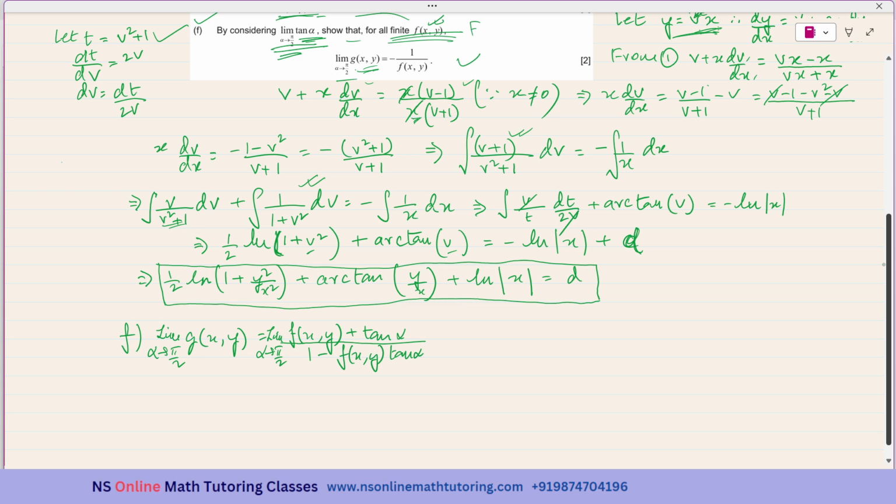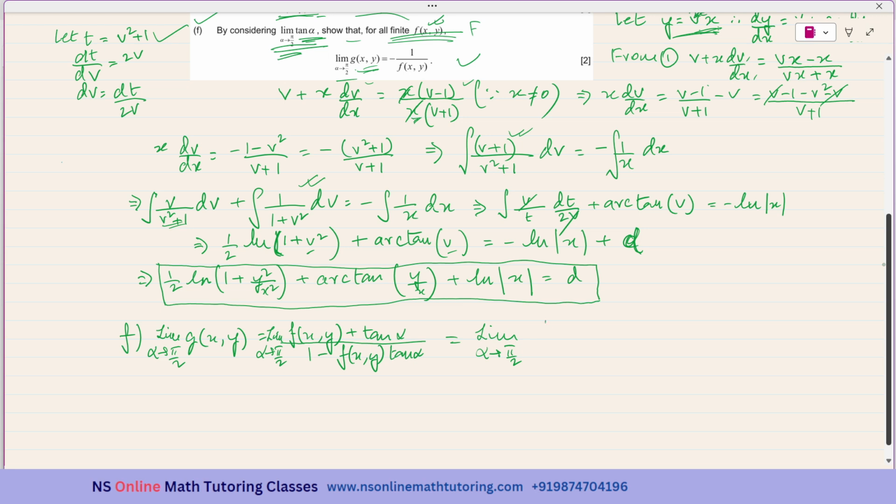Okay. So, for that, I'll be dividing both the numerator and the denominator by tan alpha because I need 1 over tan alpha.